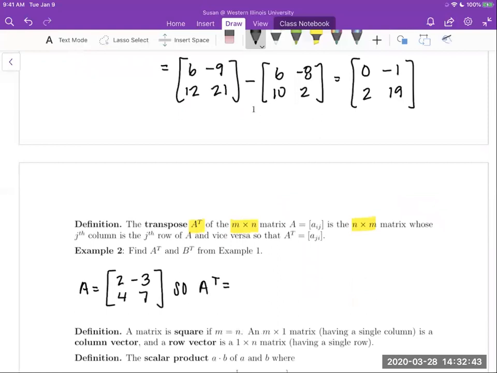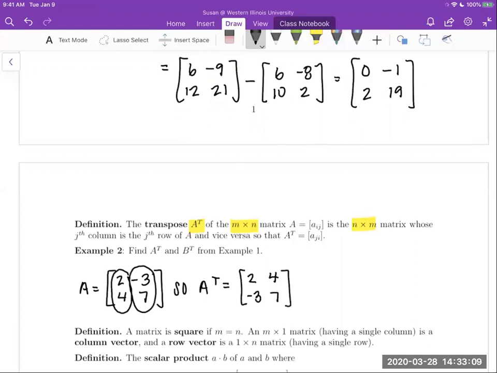I'm going to take this column right here and transpose it so that that column becomes the first row in A transpose. So 2, 4. What used to be the first column is now the first row. And then similarly, I'm going to take the second column of A and it's going to become the second row of A transpose. So this is A transpose.